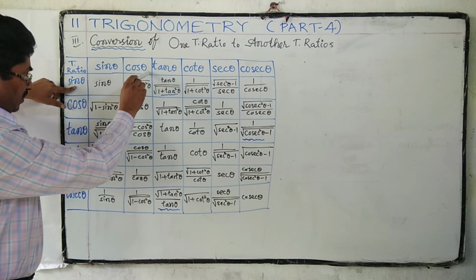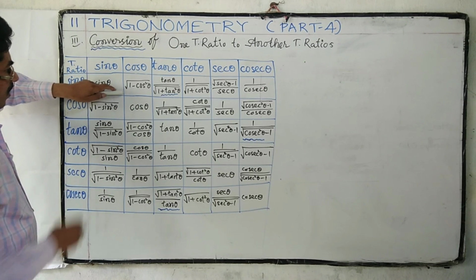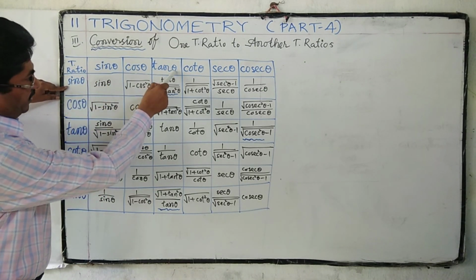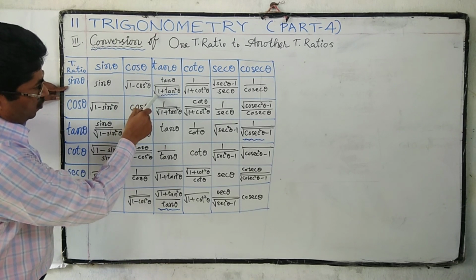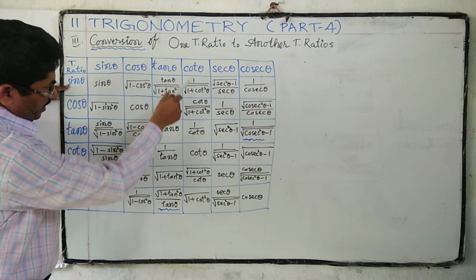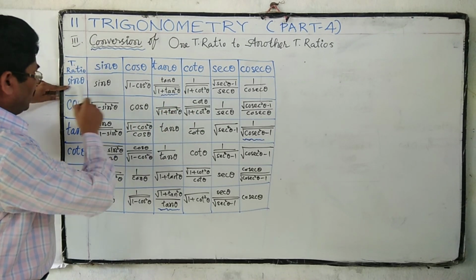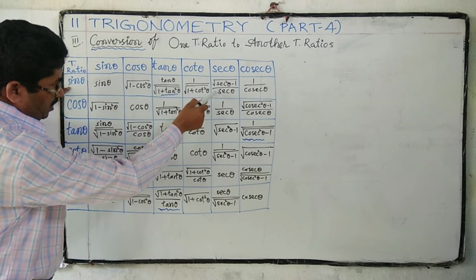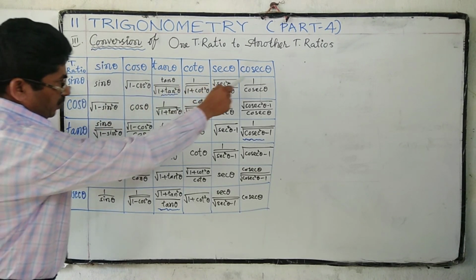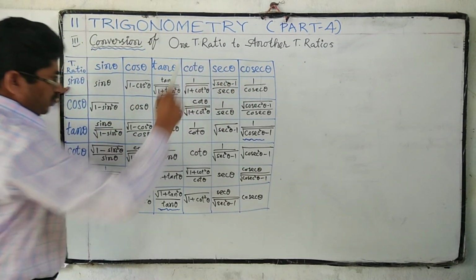Sin theta in terms of cos theta, under root of 1 minus cos square theta. Sin theta in terms of tan theta, tan theta by under root of 1 plus tan square theta. Sin theta in terms of cot theta, 1 by under root of 1 plus cot square theta. Sin theta in terms of sec theta, under root of sec square theta minus 1 by sec theta. Sin theta in terms of cosec theta, 1 by cosec theta.